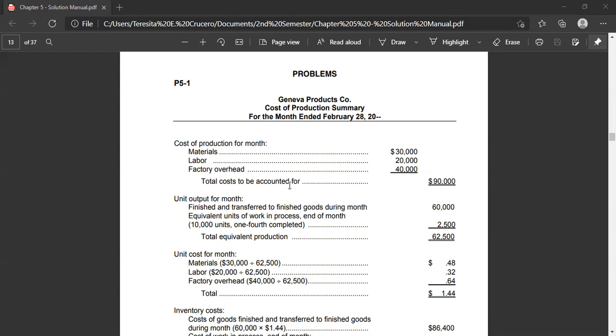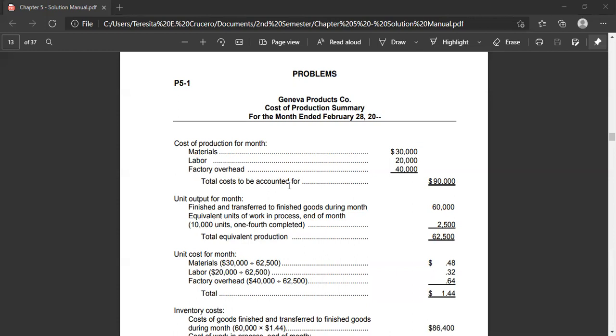Then the unit cost for the month is taken by dividing each manufacturing cost element. So materials 30,000 divided by the equivalent production of 62,500 equals 0.48. Labor is 0.32 and factory overhead 0.64. So the cost per unit is 1.44.